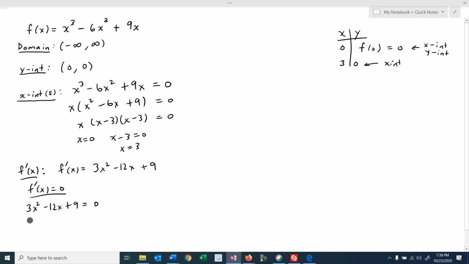You can factor out a 3 here, which leaves x squared minus 4x plus 3, after dividing both sides by 3, and that's equal to 0. Then you can factor this into x minus 1 times x minus 3. And so we end up with x equal to 1 or x equal to 3.